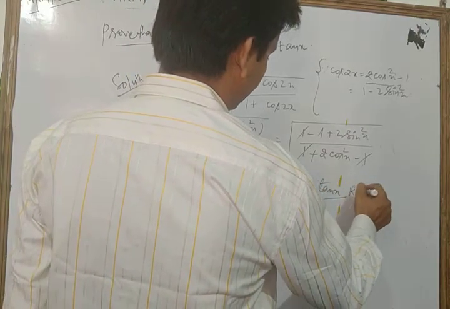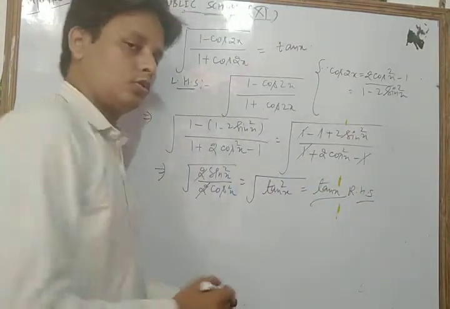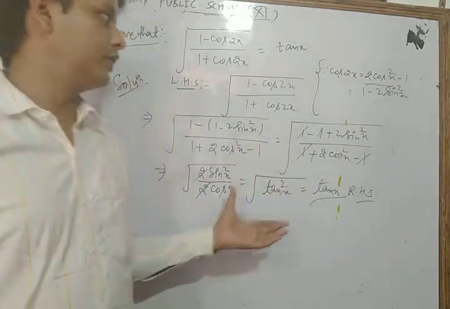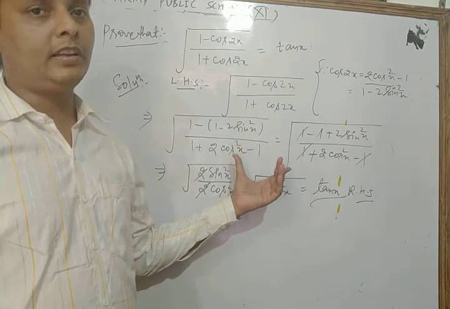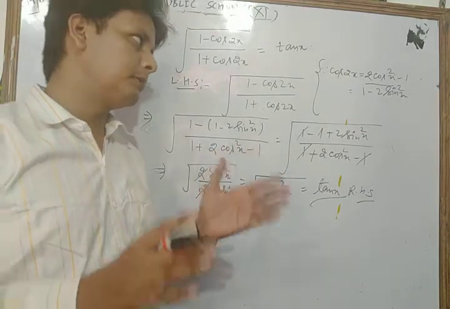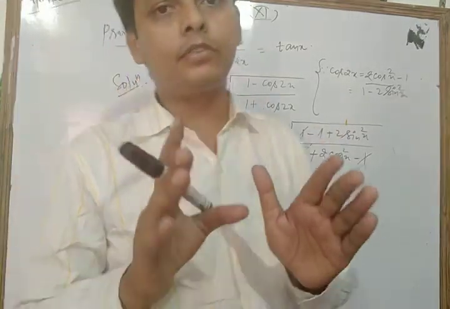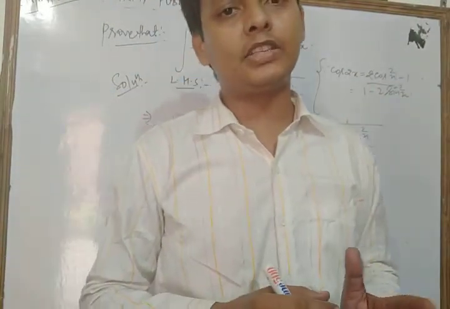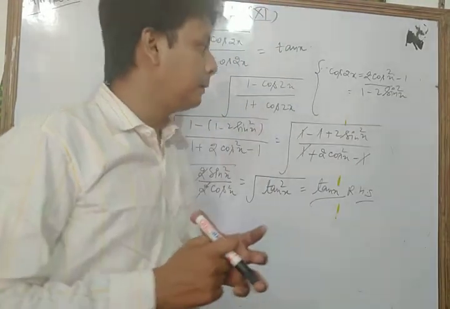This is our result, that is RHS. So dear students, in this way we solve these questions. Clear? First you remember the formulas of trigonometric functions in your mind, then you can solve each and every question of your NCERT exercise easily.